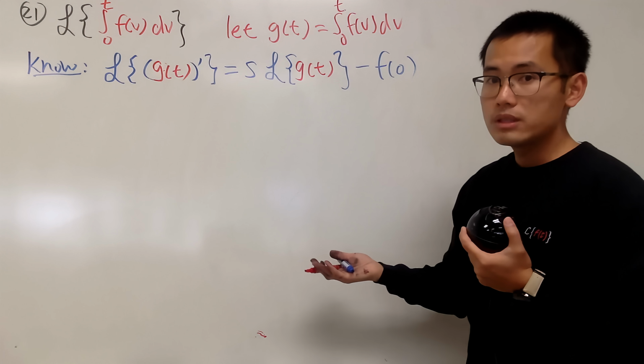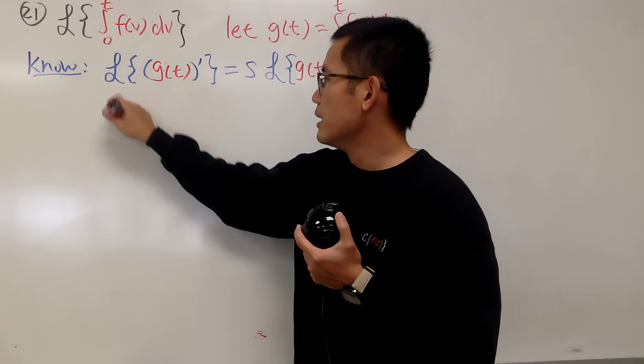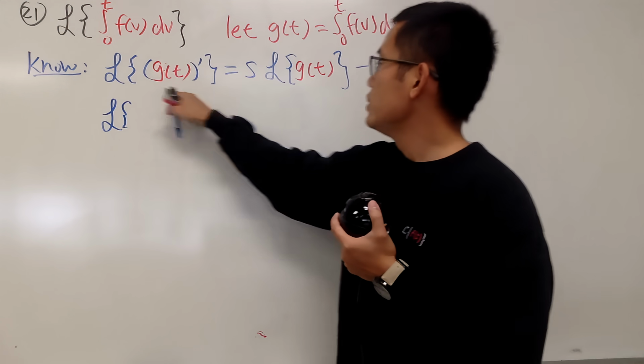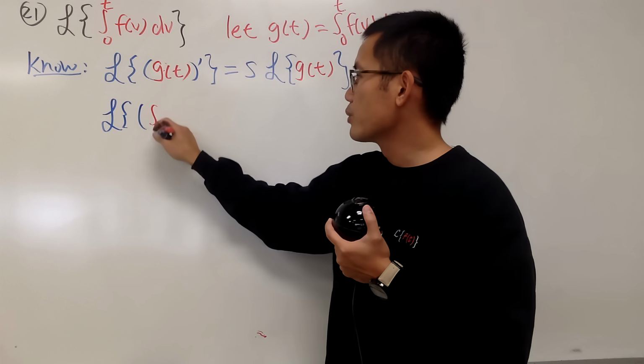And of course, let's go ahead and plug in into everything. So we're looking at this right here. G of t is just that integral, so it's just what we are going to do.